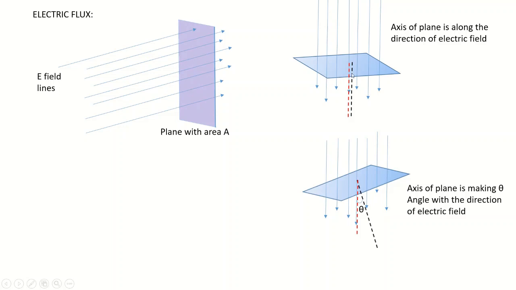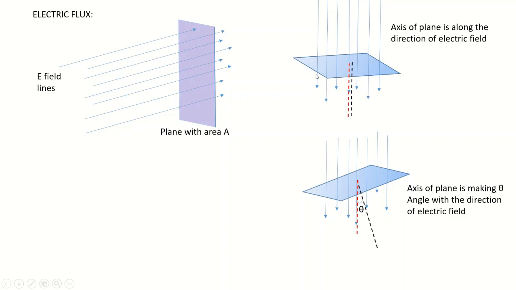You can see here, the axis of the plane and the axis of the field are parallel, or we can say the plane is perpendicular to the electric field lines, but here the plane makes an angle theta with respect to the direction of the electric field.